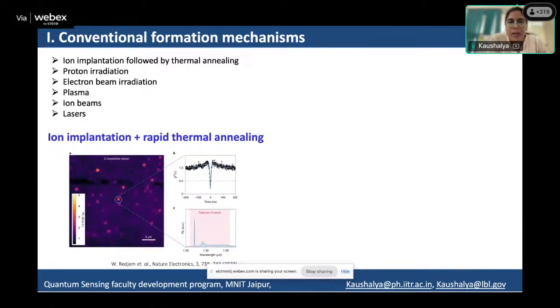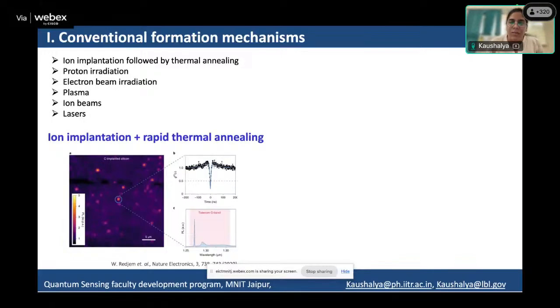It was reported that you can actually make these defects at single center level, meaning that if you're talking about the G center, which forms with those three atoms, two carbon and one silicon atom, you can now actually just have those three atoms. Otherwise, in the past, you had these defects in clusters.